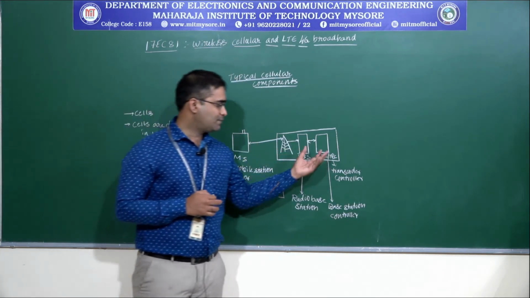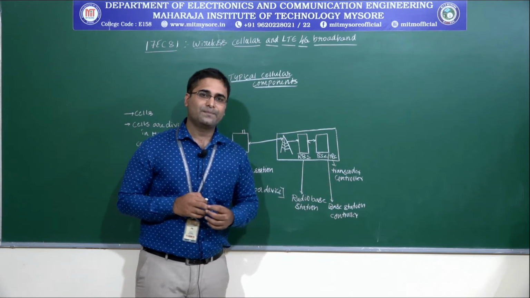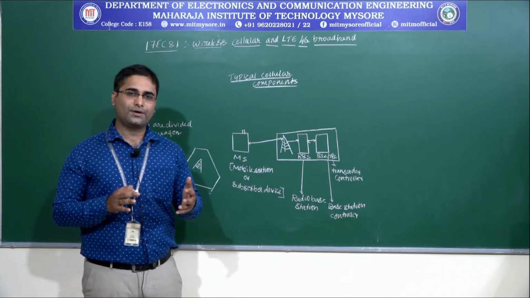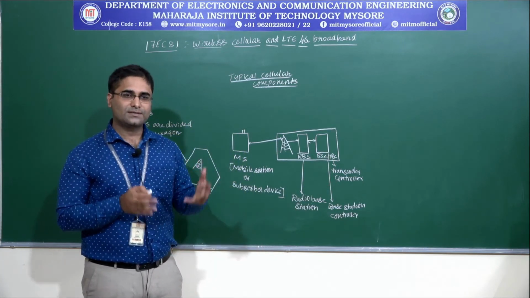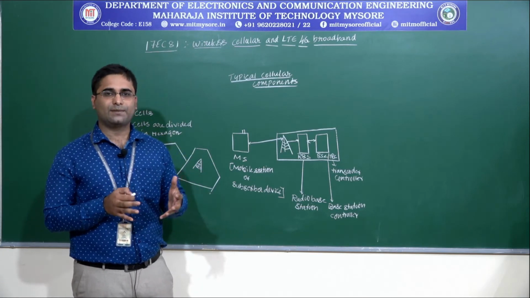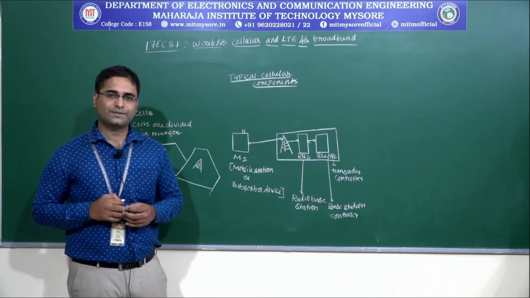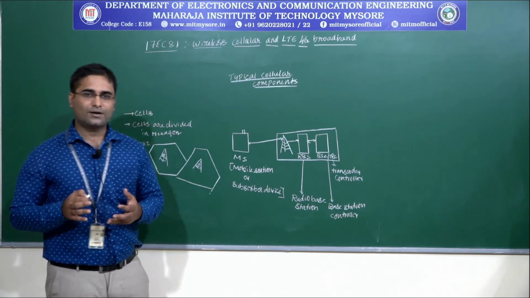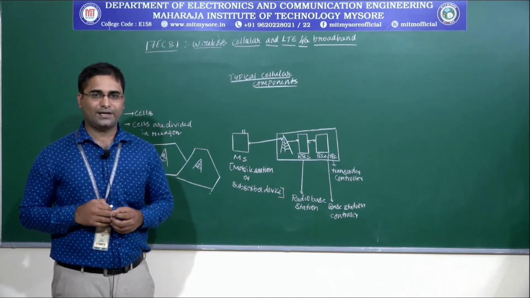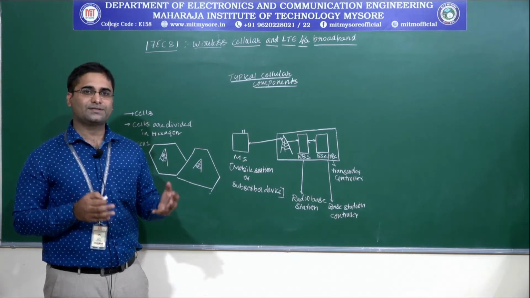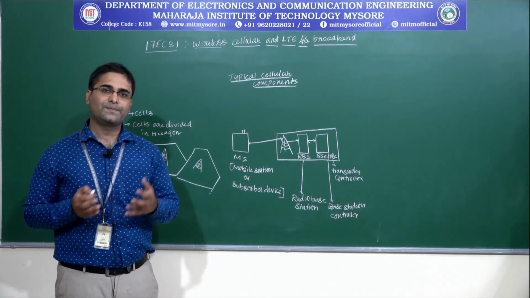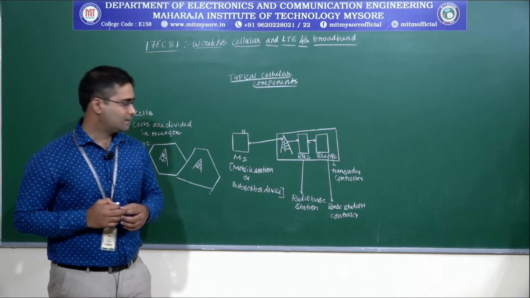Again, this particular BSC and the TRC can be standalone components. Standalone means you have a single component represented by the base station controller, and a single component represented by the transcoder controller, and also it can be an integration of the base station controller with the transcoder controller.